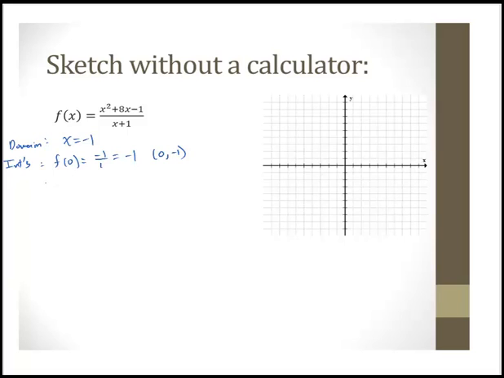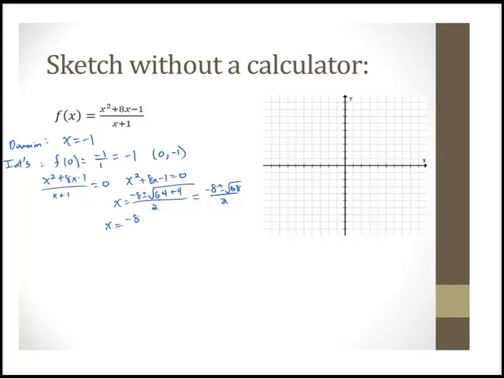Can there be x-intercepts? Can x squared plus 8x minus 1 over x plus 1 equal 0? Well, that can only happen if the numerator can equal 0. x squared plus 8x minus 1 equals 0. I'll apply the quadratic formula. x equals -8 plus or minus the square root of 64 plus 4, over 2. So that's -8 plus or minus the square root of 68, over 2.